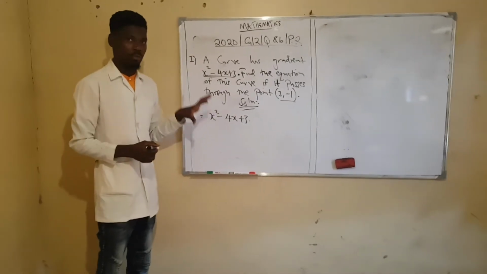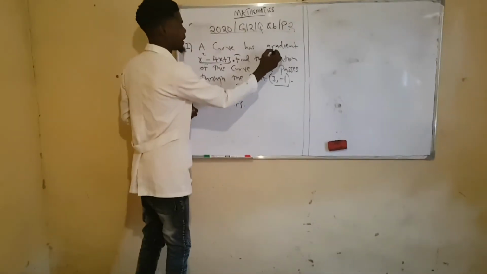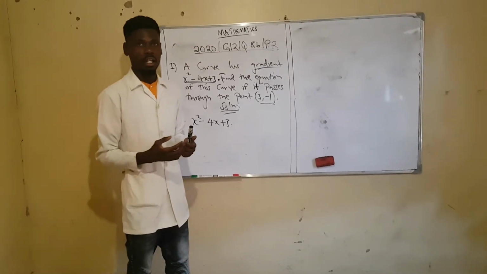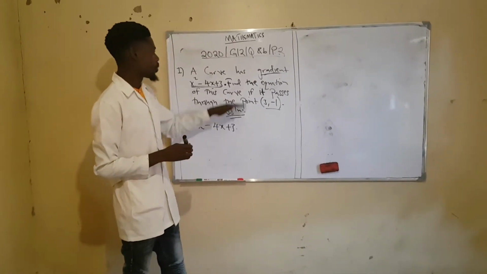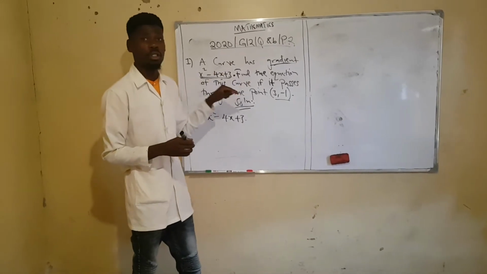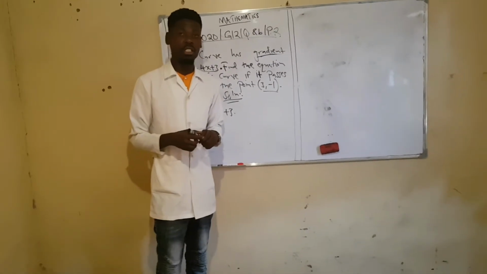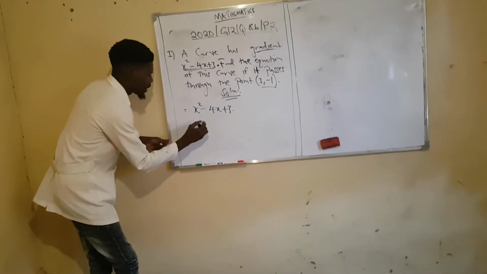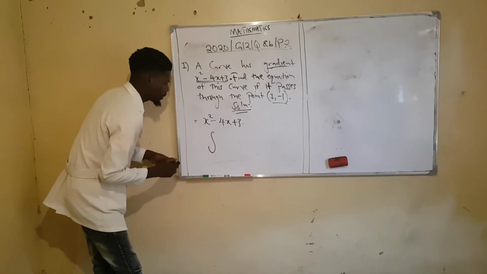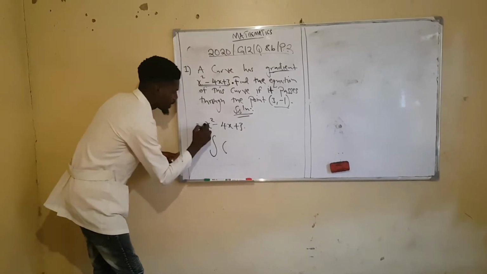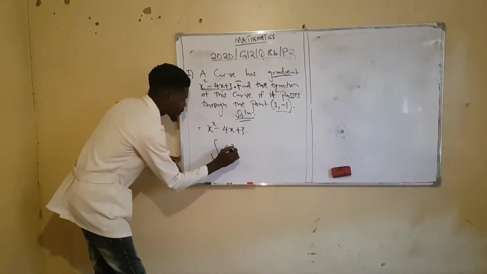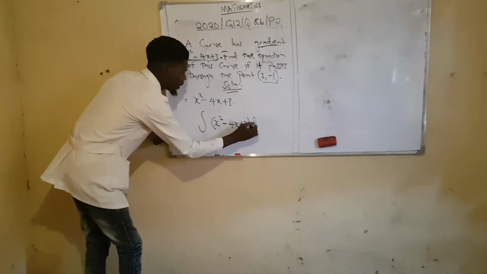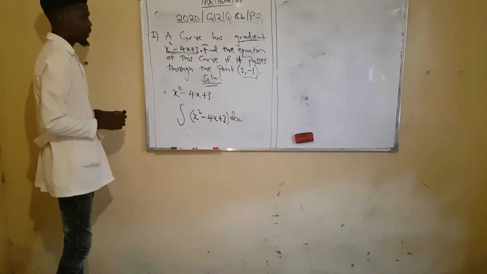The first thing we have to do, when you are given the gradient, or sometimes in an exam they would call it the gradient function, you have to know that to get the equation of the curve, you have to integrate and find the value of the arbitrary constant. So here we are going to say the integral of our gradient, x squared minus 4x plus 3 dx.